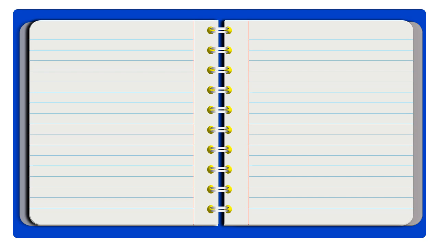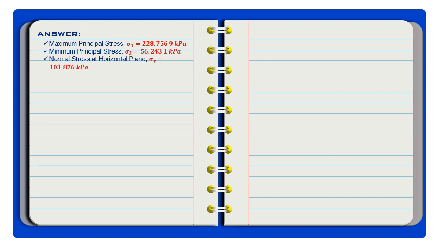As a summary of our answers, we have the maximum principal stress, sigma 1, is equal to 228.769 kilopascal. Minimum principal stress, sigma 3, is equal to 56.2431 kilopascal. The normal stress at horizontal plane, sigma y, is equal to 103.876 kilopascal.